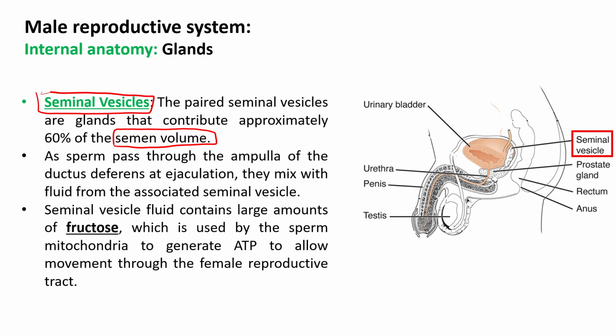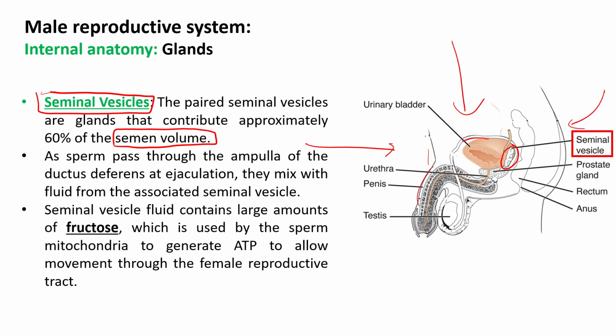Without looking at this picture, what you need to think, so you never get this wrong and always identify the seminal vesicles easily, is that they are two little glands located behind the urinary bladder. Notice that this is the anterior with the penis here, and this is posterior.